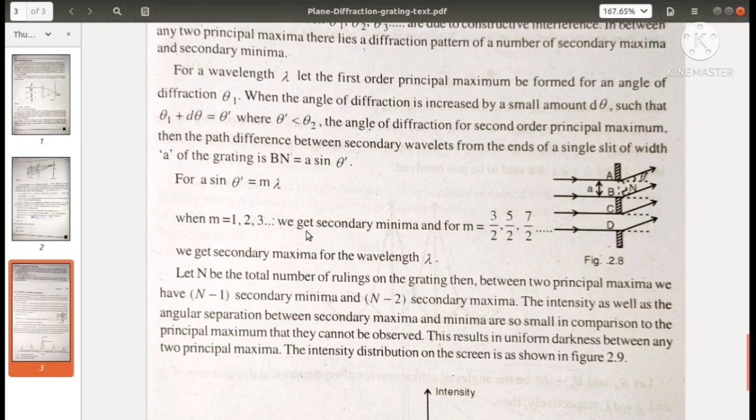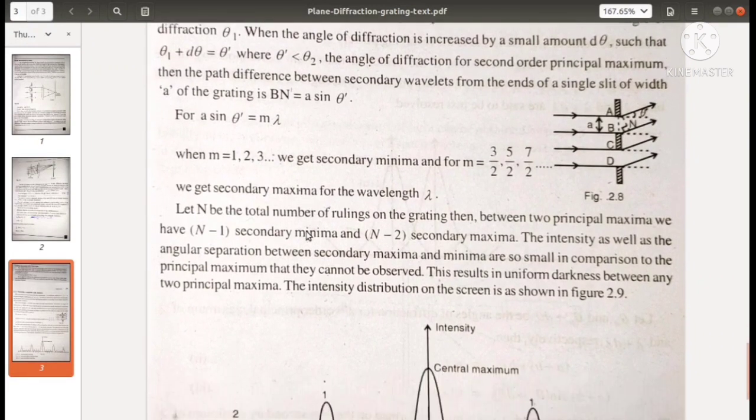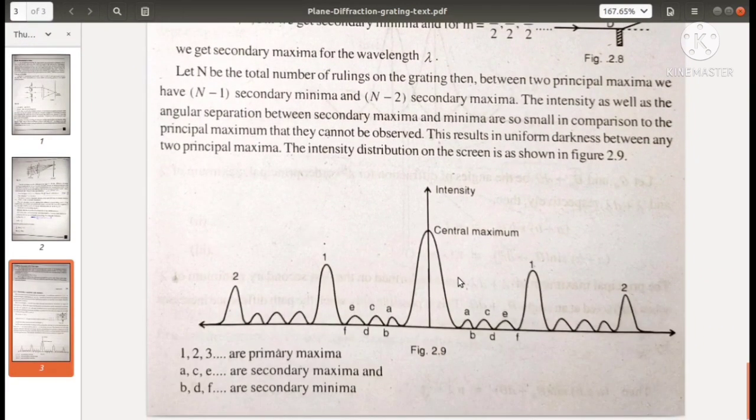That is, this is the condition where a sin theta is an integral multiple of lambda, or an odd integral multiple of lambda by 2. According to that we will get maxima or minima on the screen. That represents the secondary maximas and minimas on the screen. That's how we are getting the secondary maximas and minimas.